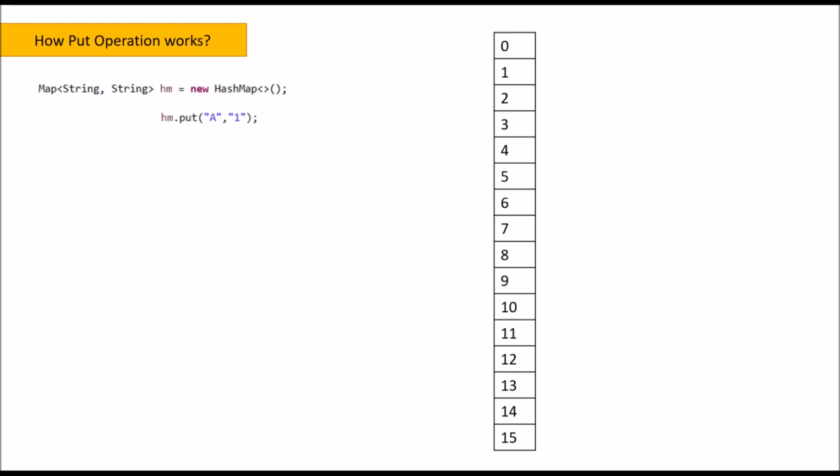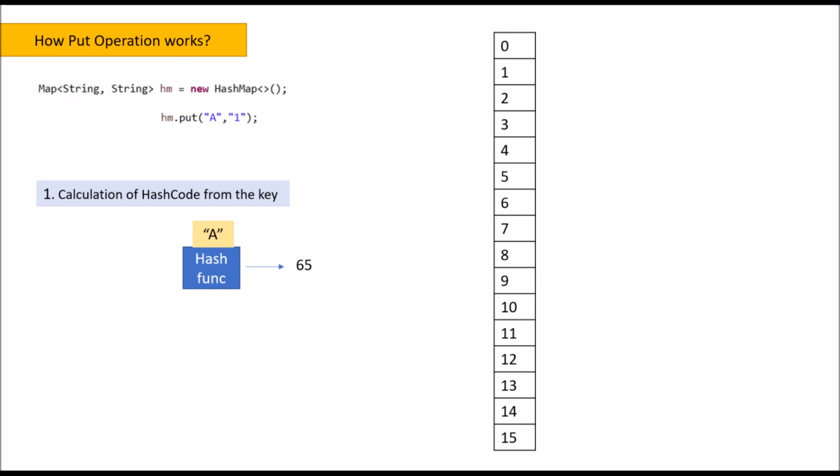Now insert a value, hm.put a,1. What are the steps that happen when we do the hm.put operation in HashMap? First is the calculation of the hash code from the key. Again, for calculation of the hash code, we require a hash function, so pass the value of the key to the hash function to get the hash code.